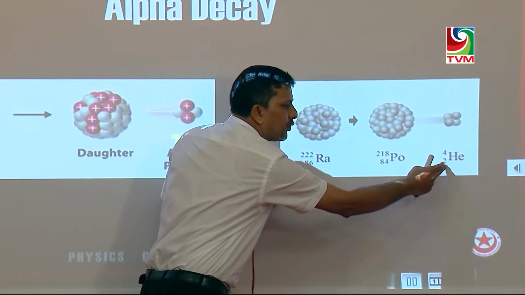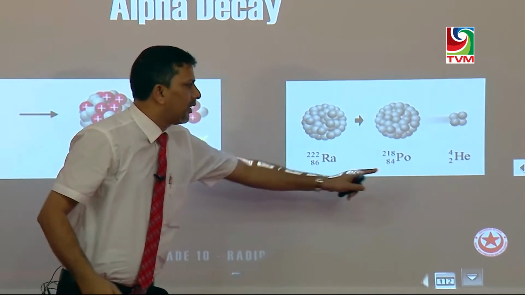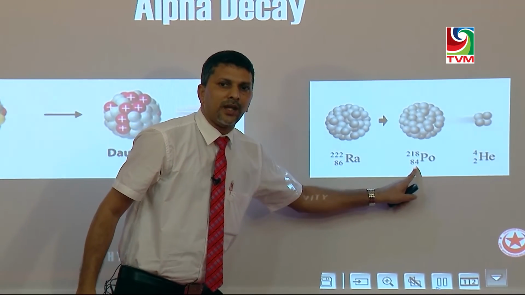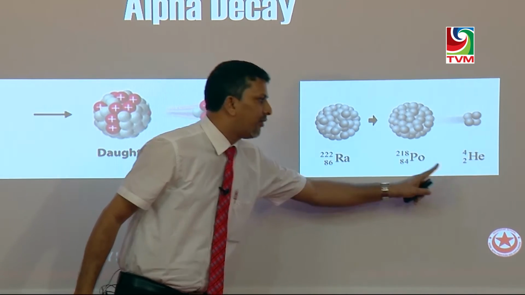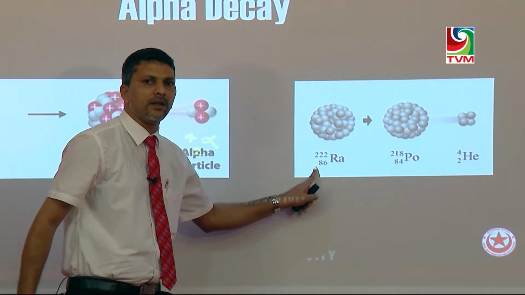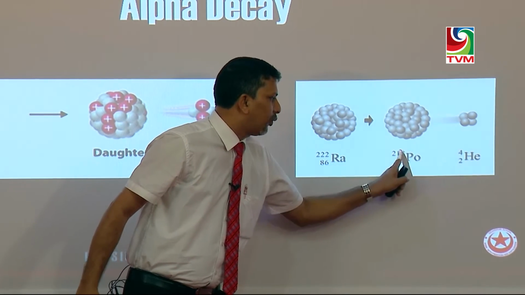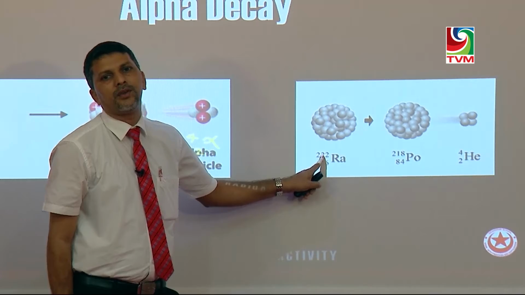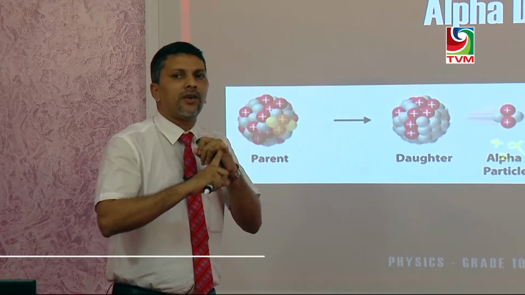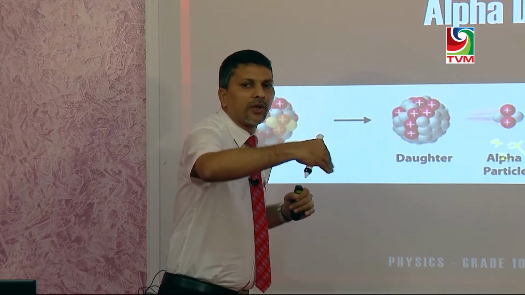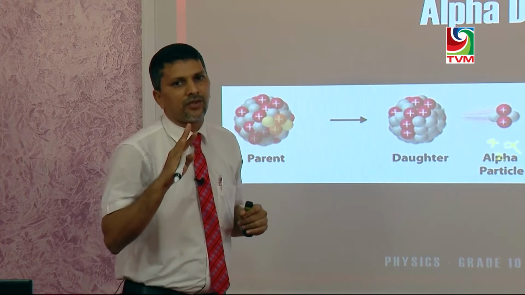Now look, this 2, 4 is the alpha particle, and 86 changes to 84 and mass number 222 changes to 218. When we add these two, we get back this number: 84 plus 2 gives 86, and 218 plus 4 gives 222. So once again, when an alpha particle is emitted from an unstable nucleus, for the new element the atomic number decreases by 2 and the mass number decreases by 4.